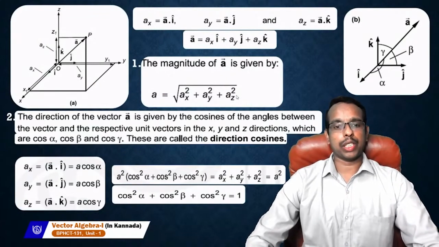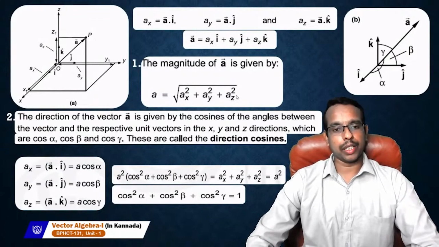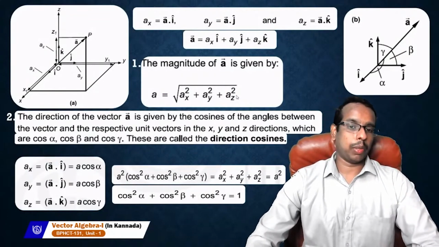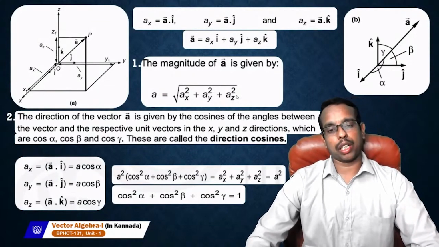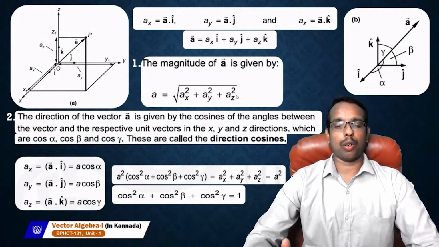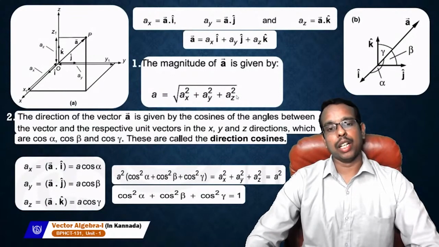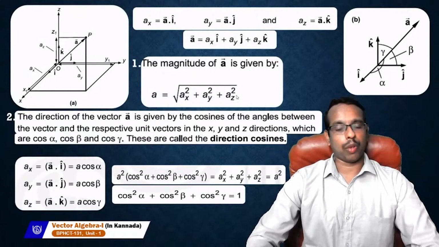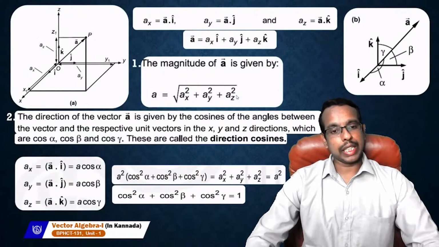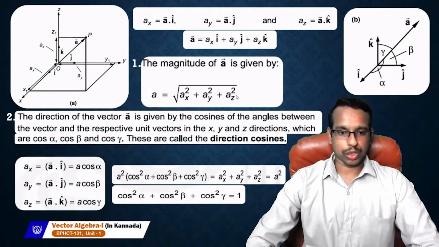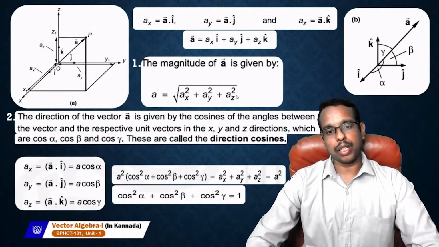In the previous case, we just took theta as the inclination angle with the x-axis. But here, when that particular vector makes projections along the x-axis, y-axis, and z-axis, it will meet along x, y, and z. So that means it will definitely have three angles, which are called direction cosines: alpha, beta, and gamma.